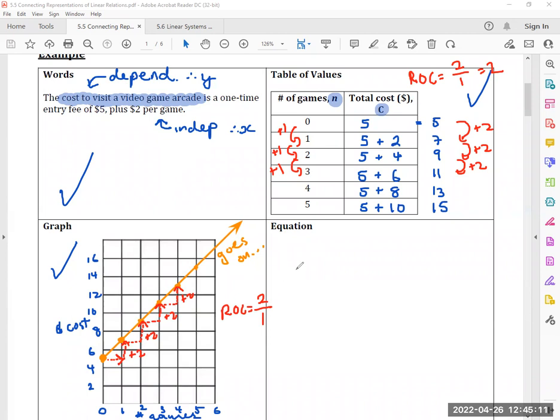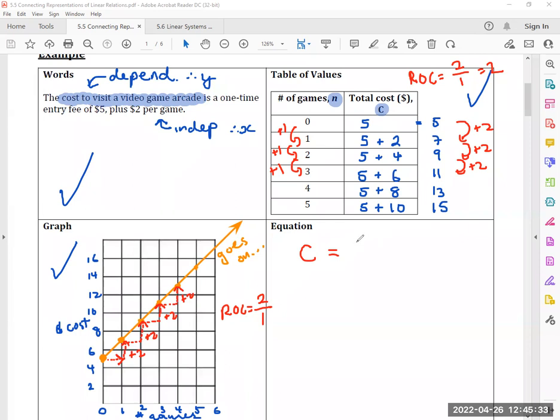Equation. My cost is the C. How awesome. What's my cost? What am I adding here? How would I write it as an equation? Well, what number is always there?